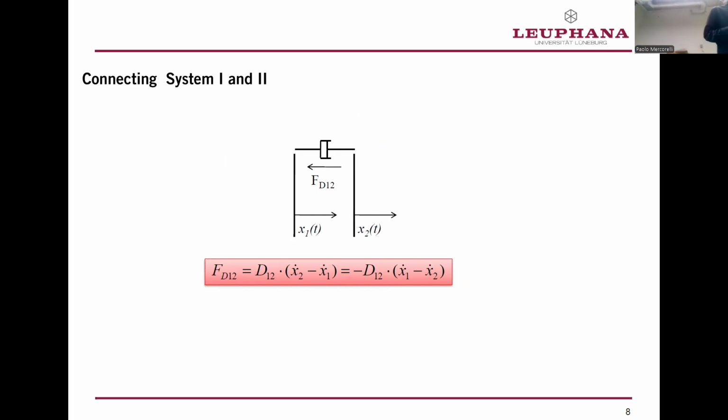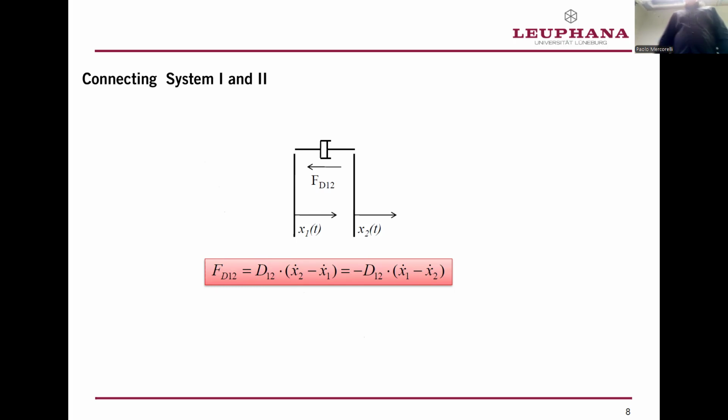Everything is in a reaction, because these elements here are passive elements, something which tries to be against the movement. But in one sense, we can write in this form here, and this form here is equivalent to this one.